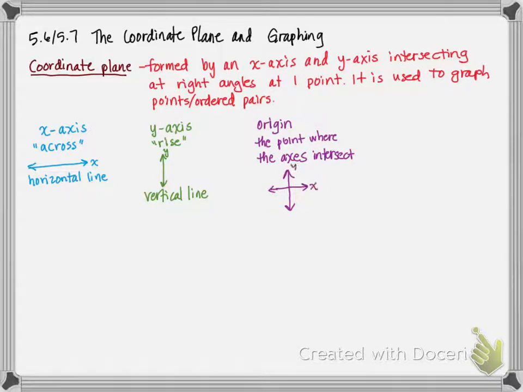Here's your x, here's your y, and I'm going to draw it a little bit darker. So this is the origin. It's where all graphing begins. So that's your origin. Okay, and its coordinates are 0, 0. So if we go to the right, I'm counting by positives. If I go to the left, I'm counting by negatives. If I'm going to the top above where that dot is, then I'm counting positives. If I'm going below, I'm counting negatives.